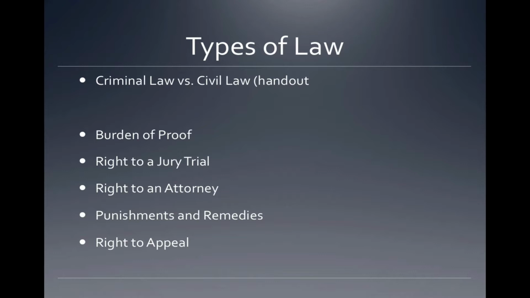Sometimes you'll see being forced to hold up your side of a contract, or an injunction to stop what you're doing. There is a right to appeal on both sides, except in criminal law the government can't appeal a not guilty verdict, but the defendant obviously can appeal a guilty verdict. In civil law, both parties have a right to appeal, not necessarily a right to have it heard, depending on what court and case you're in, but a right to appeal.